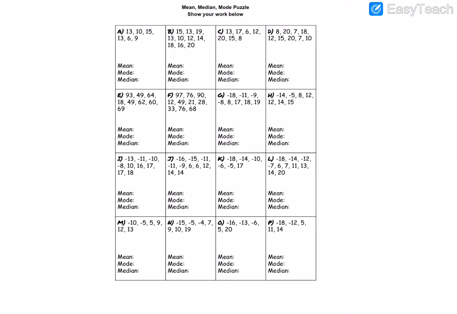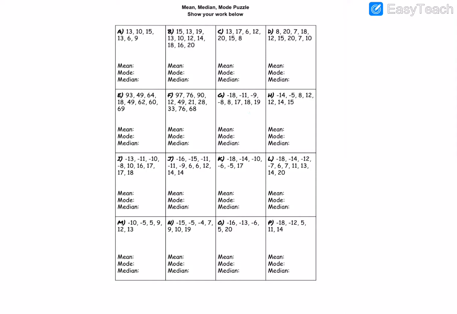For letter G, the data set is -18, -11, -9, -8, 8, 17, 18, and 19. Our mean is our average. So I am going to add all of these numbers up, and then divide by the amount of numbers I have. I have 1, 2, 3, 4, 5, 6, 7, 8.